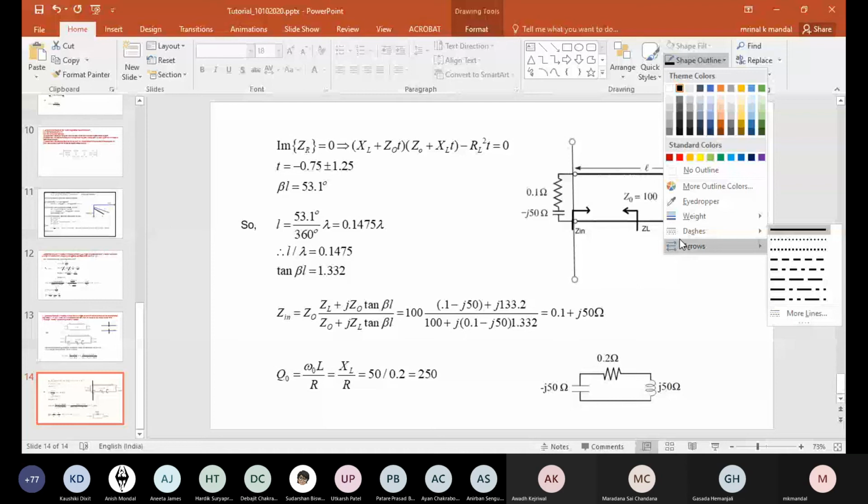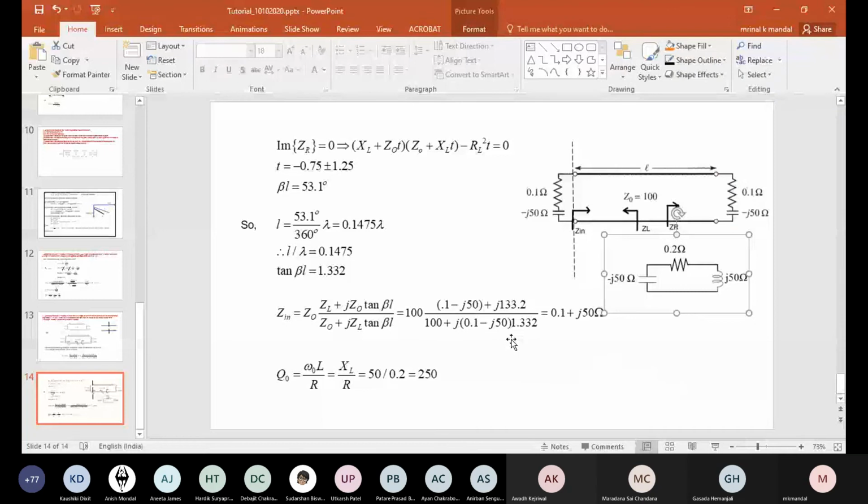Then the equivalent circuit, using circuit theory notation, looks like this. 0.1 plus 0.1 becomes 0.2, left side J50, right side J50. Now you use any of the formulas, XL by R. If I consider it, then it's 50 by 0.2, it's coming 250. Any confusion for this part?